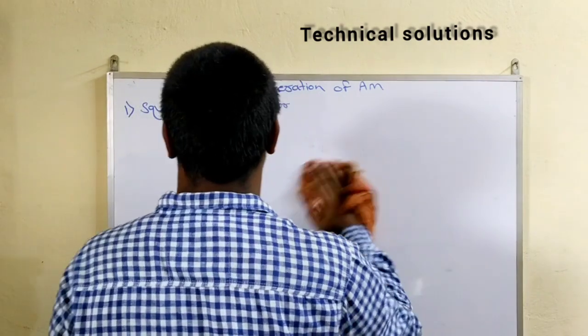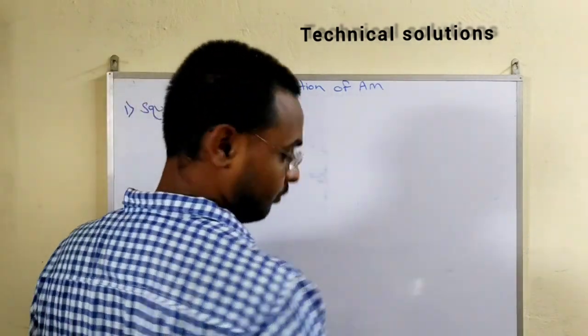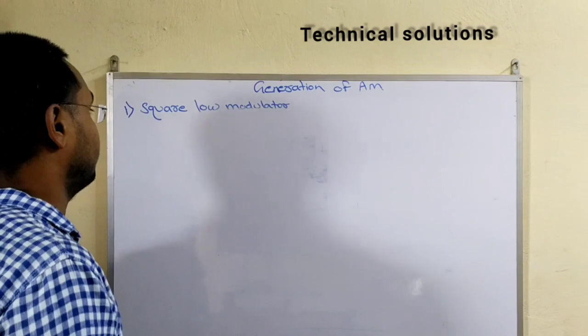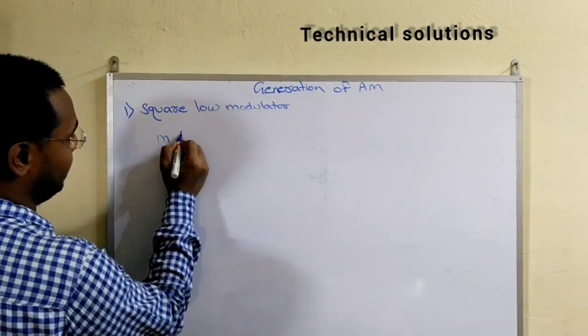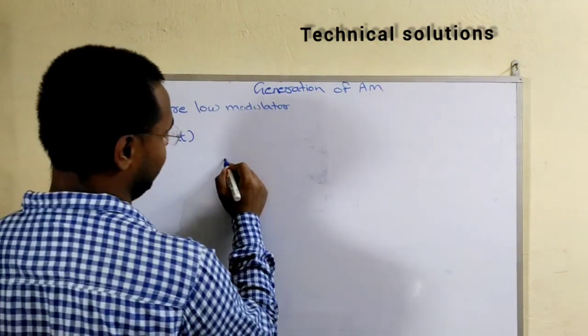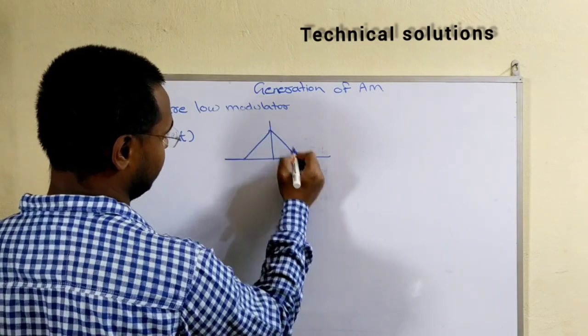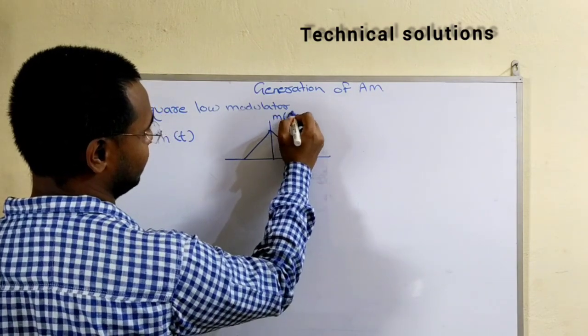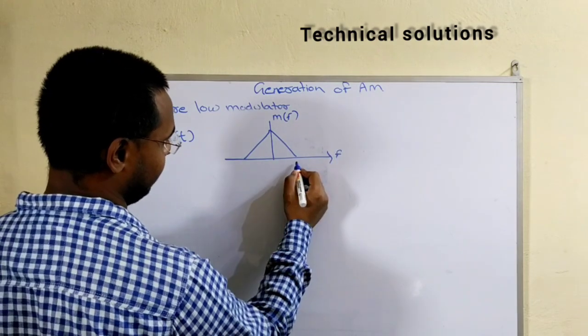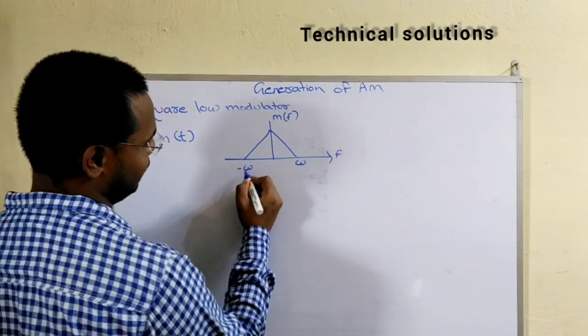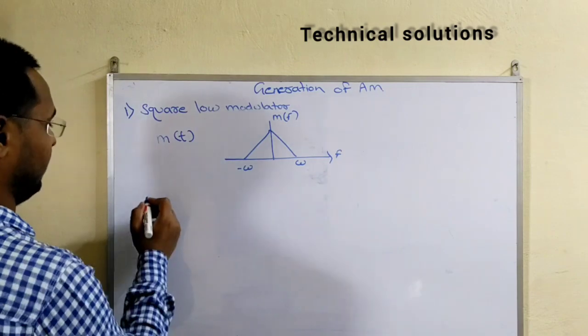Now how will it generate the amplitude modulation signal? As we know, our message signal MT has this frequency domain representation MF, from minus omega to omega.